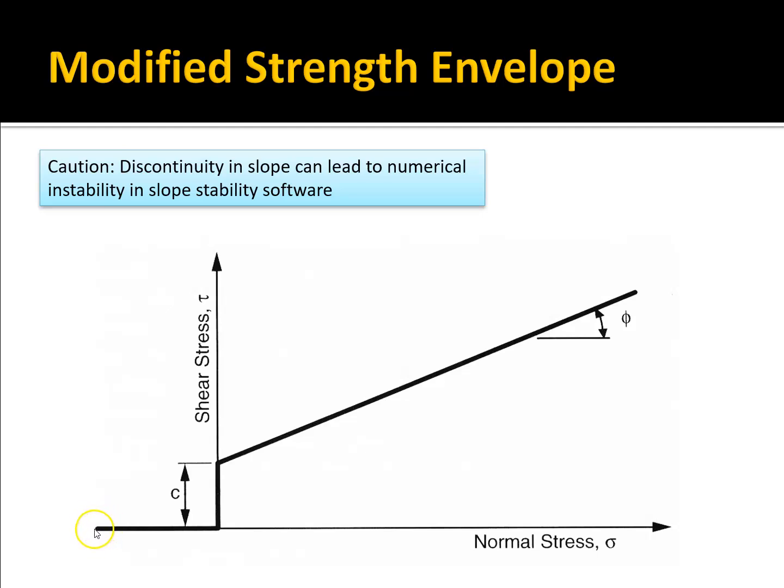So this would be, excuse me, it would be tau sigma coordinates, not C phi coordinates. The 2 coordinates here would be the normal stress and the shear stress. So 0, 0, 0, C, and then some value up here.